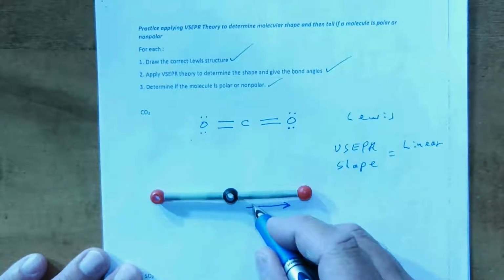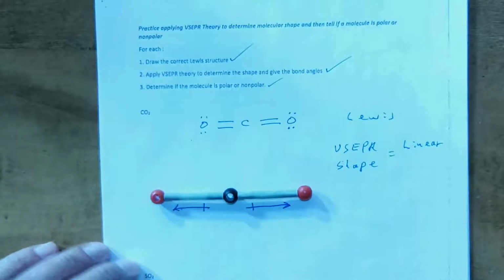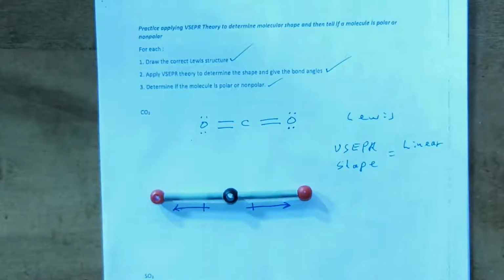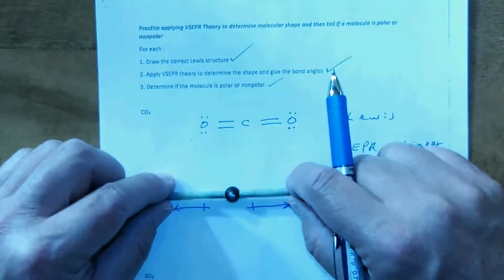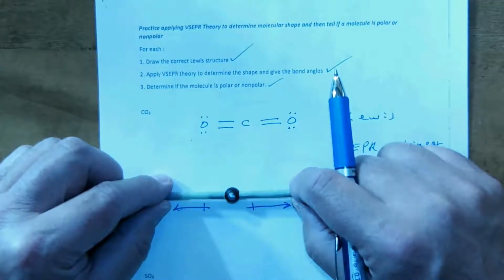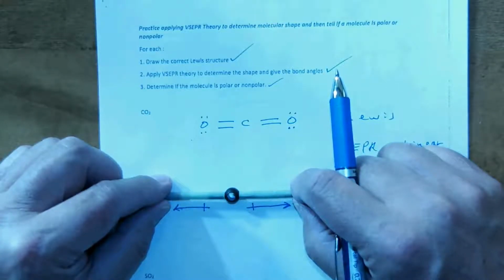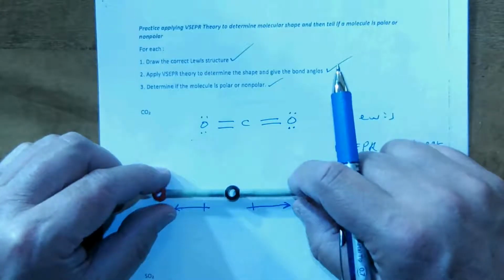So you have a dipole pulling that way, and you have a dipole pulling that way, 180 degrees. One guy's pulling this way, the other guy's pulling equally hard in the opposite direction. Does the central atom move? If you answer no, you'd say it is a nonpolar molecule.